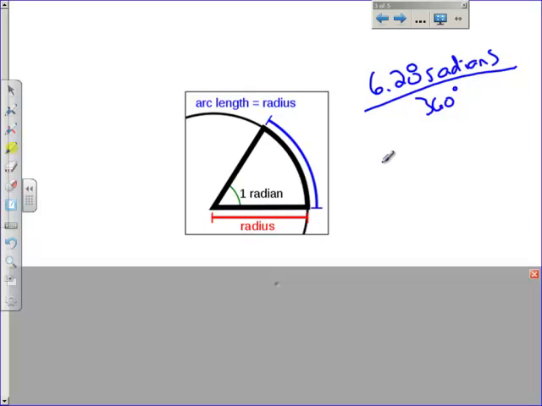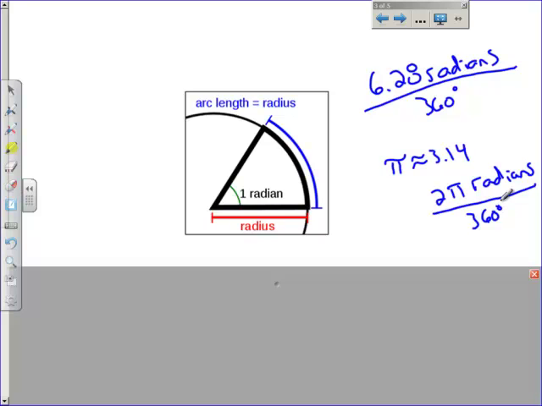If you remember that pi is approximately 3.14, then it would not shock you to see that there are 2 pi, which is approximately 6.28. There's exactly 2 pi radians in 360 degrees.